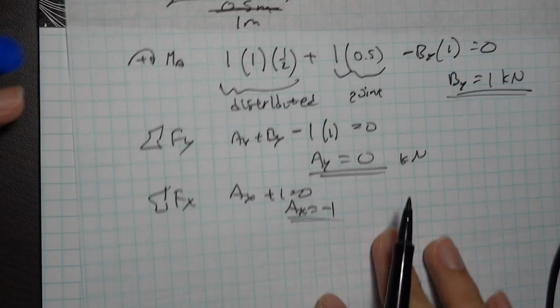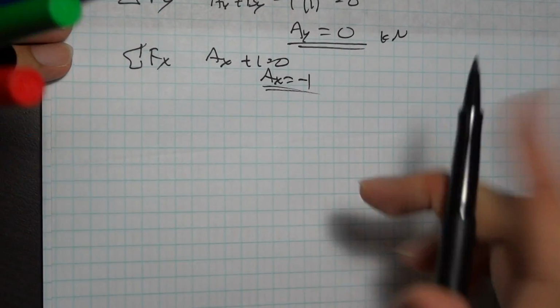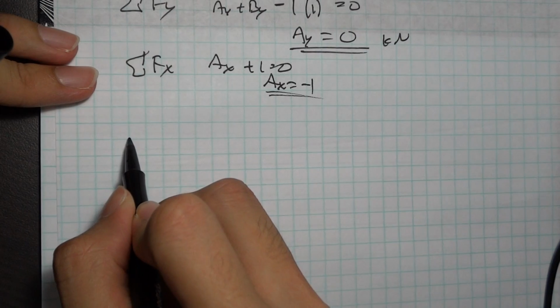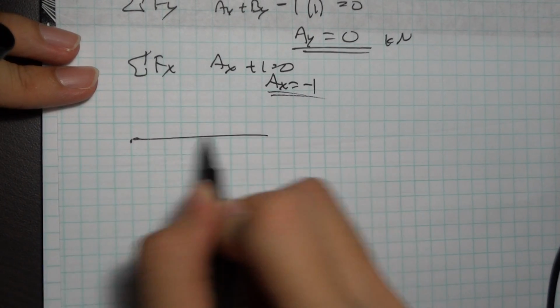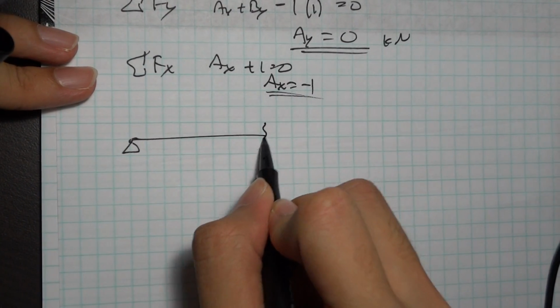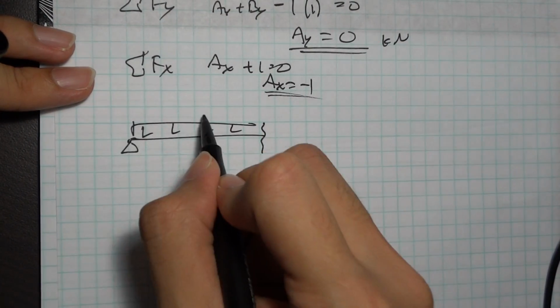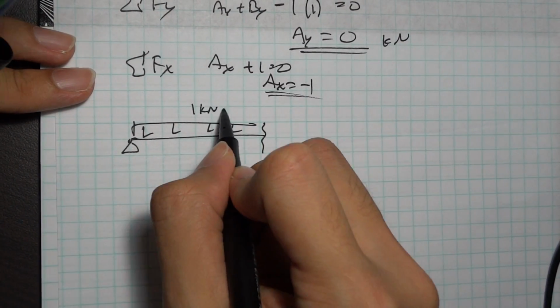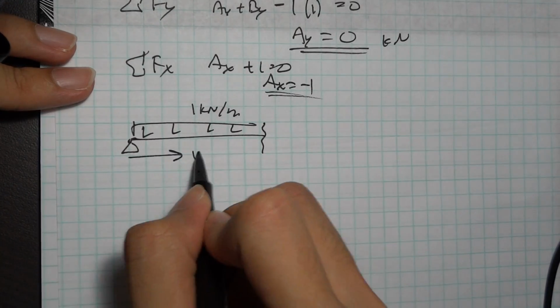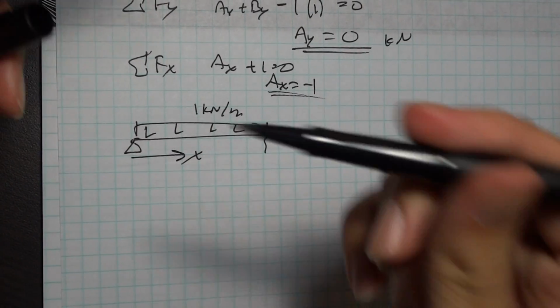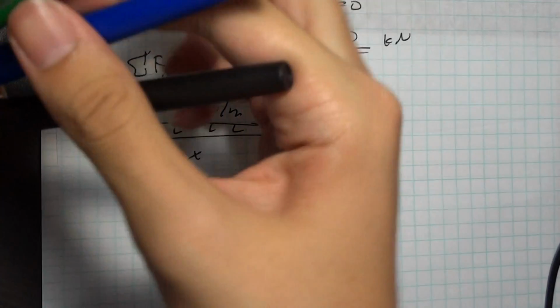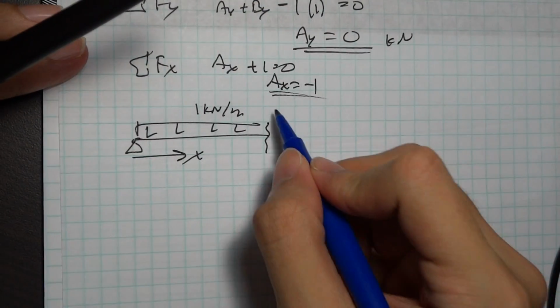So let's look at member AB first, and we're going to draw this. This is 1 kilonewton per meter, and this is x. Okay, and now let's draw our internal forces.